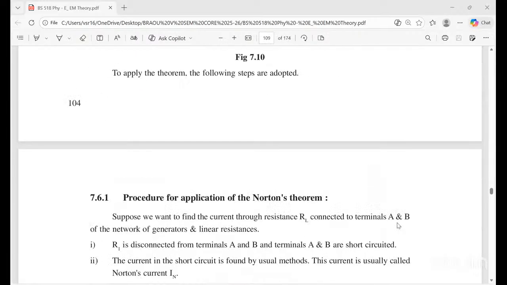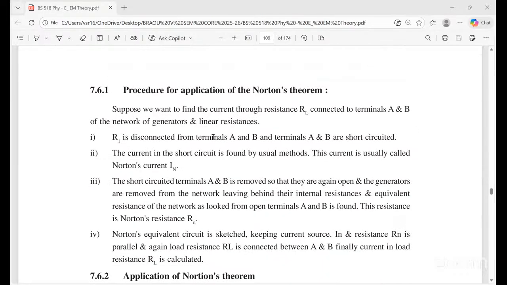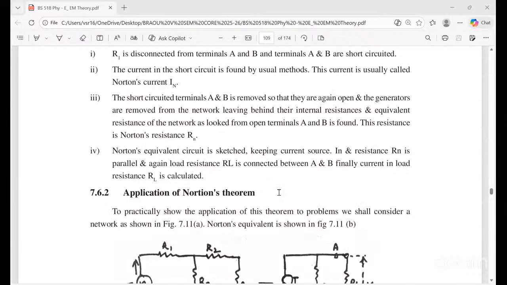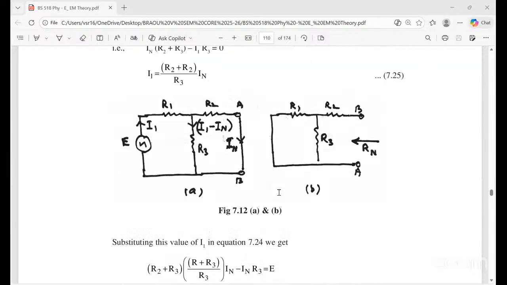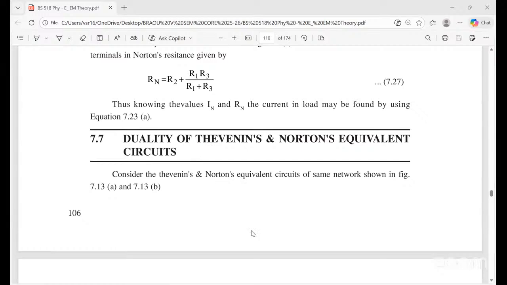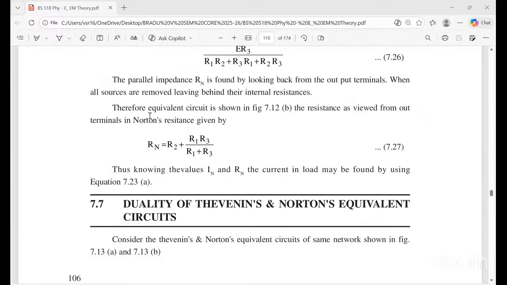And also, this is the procedure of how to take and how to do this. In the practical itself, this is the best procedure: how to calculate the Norton current and Thevenin current. Applications, IN value or RN value, R2 plus R1, R3.